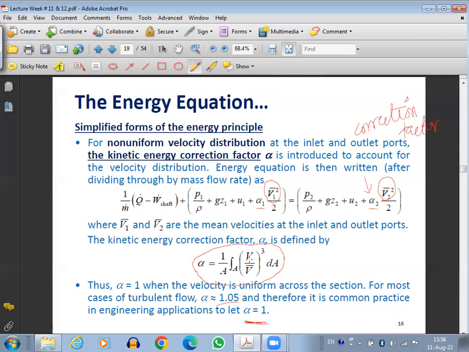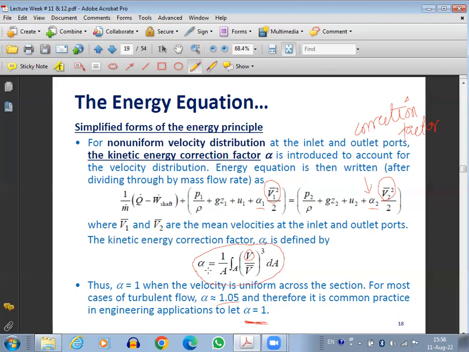In the alpha formula, V is the formula for variation of velocity across the section. So here V will be the actual velocity variation across the section. If the velocity is varying along the y-axis and x-axis, then V should be a function of x and y.